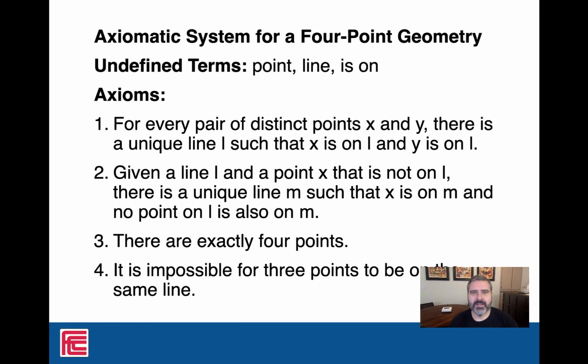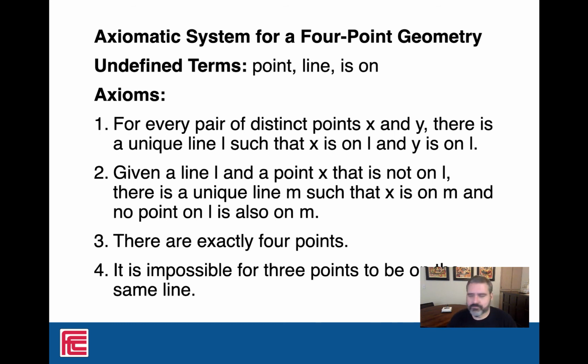We're going to create an axiomatic system. This is straight out of the textbook for a 4-point geometry. It's a geometry that only has 4 points. We've got some undefined terms. I can't tell you what a point is. We just have to know that that's a word. By the way, I didn't have to call it a point. We called it a point because I used the term geometry, but we could have called it a spot or a location or a node or whatever, right?